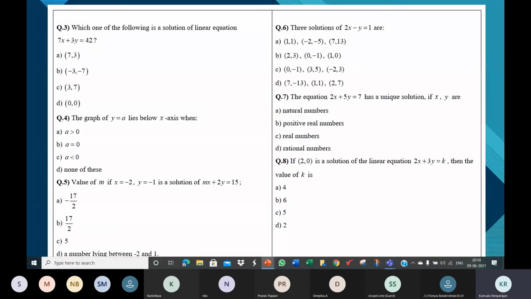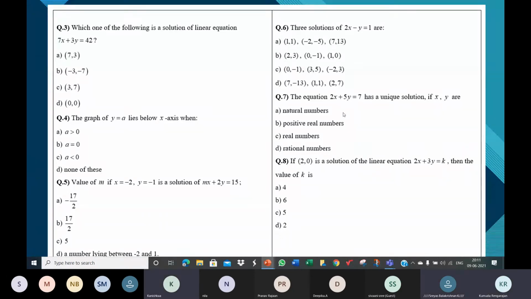Even if one of the 3 does not satisfy, that option cannot be the correct option. If in any option 2 of the 3 points satisfy and the other one does not, then that cannot be the correct option. All the 3 must satisfy the equation. Okay, so 6A is the correct answer.